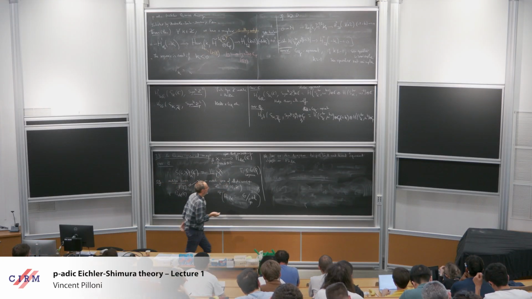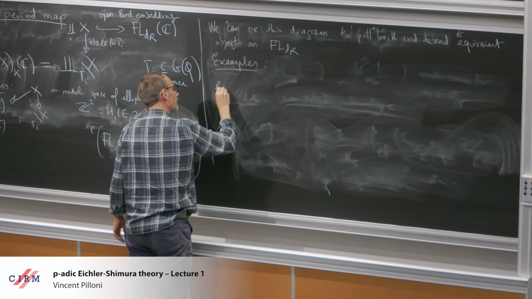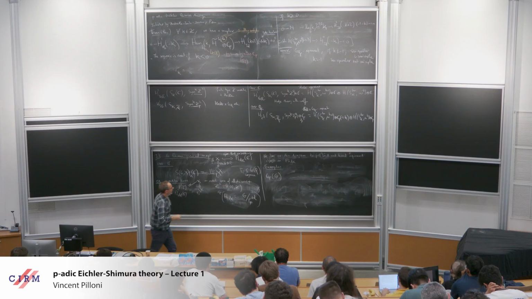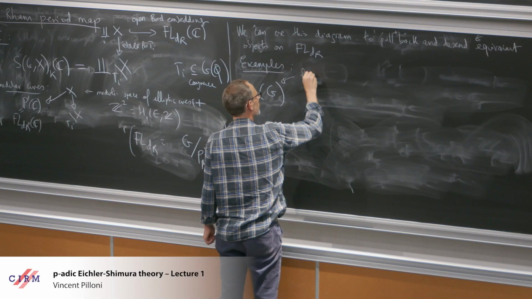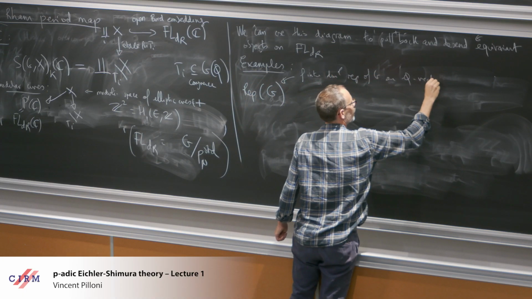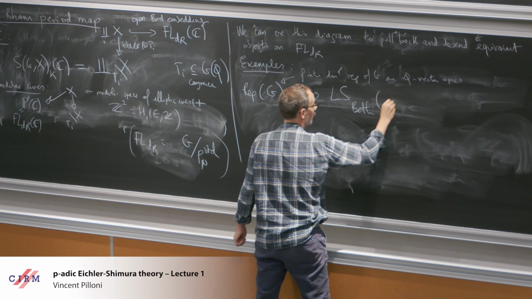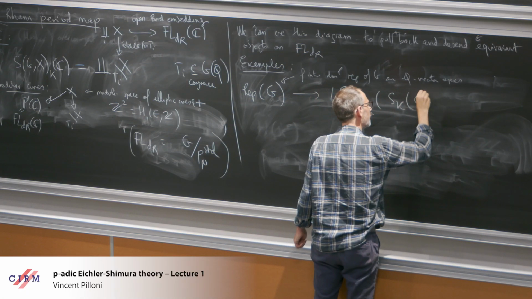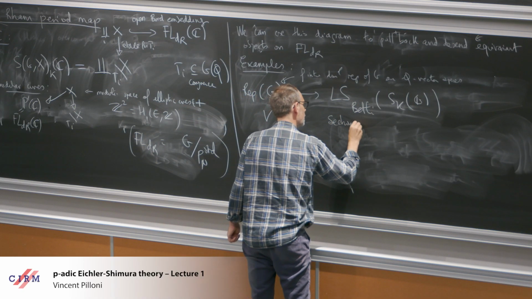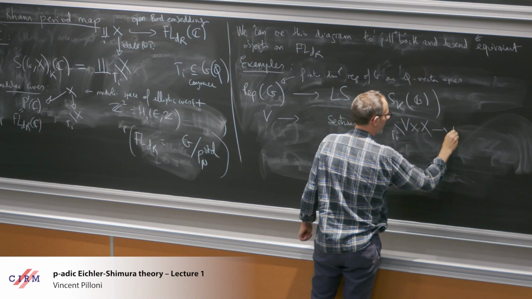All right. So let me give examples of this in action. The thing that we classically do is that if we have a representation of G on a Q vector space, so finite dimensional representations of G on Q vector spaces, then you get a Betti local system on Sh_K(C), just by mapping V to the space of sections of V cross X divided by Gamma, to X over Gamma.